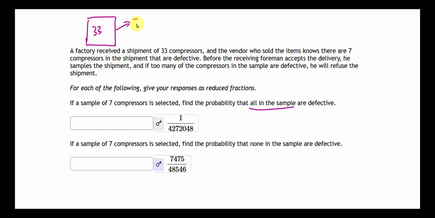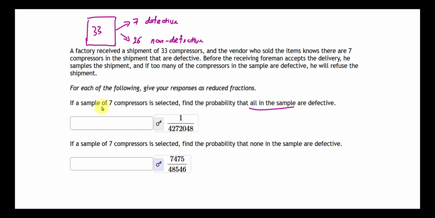Because we have a total of 33, 33 subtract 7 is 26.